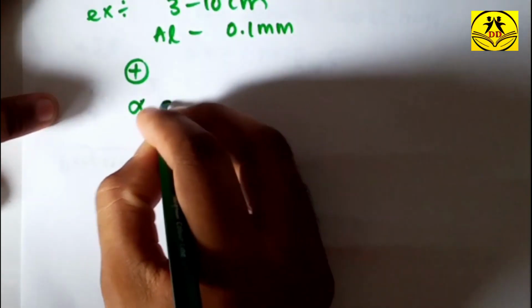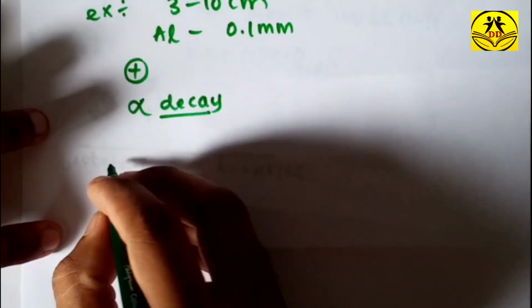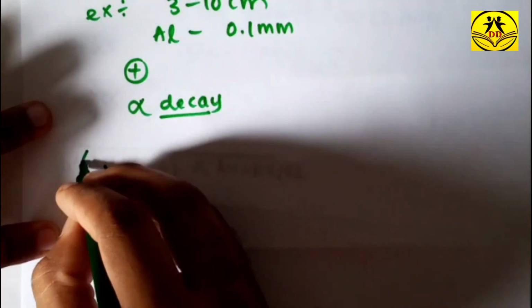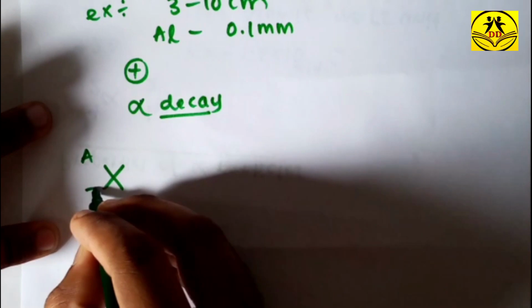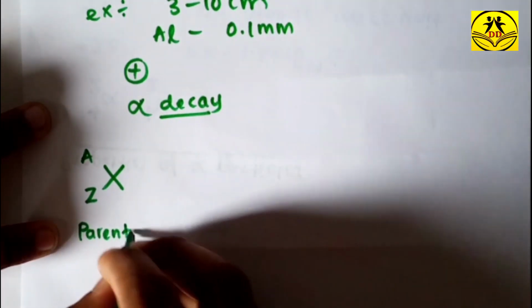Emission of an alpha particle is called alpha decay. When an alpha particle is emitted from a nucleus, we call this the parent nucleus.